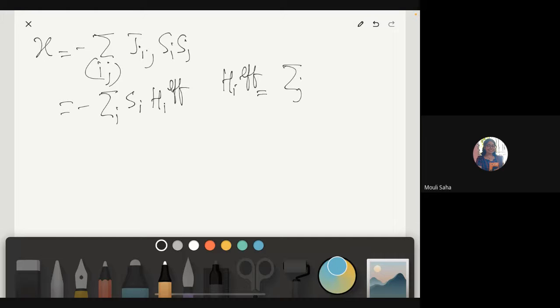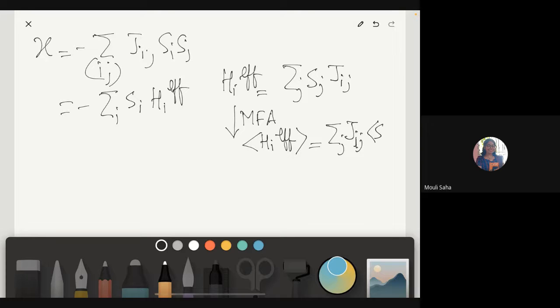You can add a magnetic field also, it doesn't matter. Then the mean field approximation says that you replace this random variable by its average value, which is the summation over j of J_ij M_j. This is an approximation.